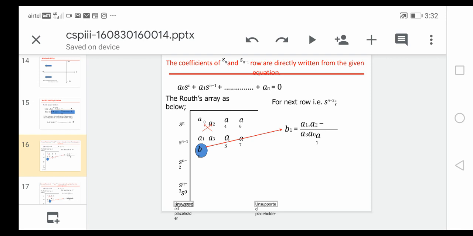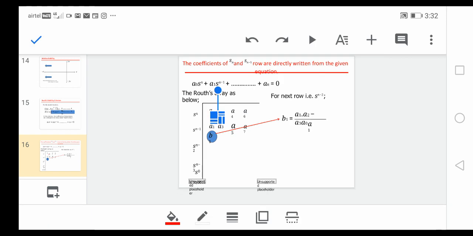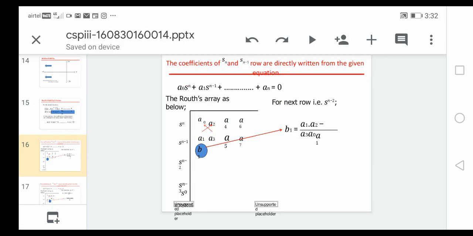In the third row, the first element we get by cross multiplication: a1 into a2 minus a3 into a0, divided by a1, gives b1.